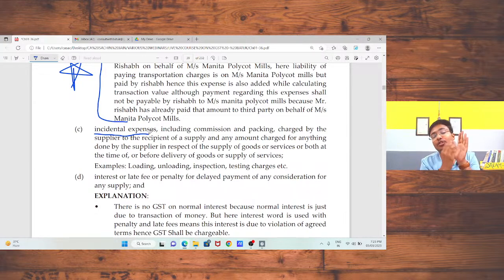If you check the accounting aspect of your client, you will find that in his accounting software, your accountant adds all these things to the transaction value, and then applies the tax rate on the transaction value and pays the tax to the government.